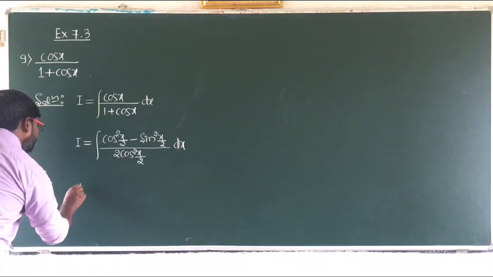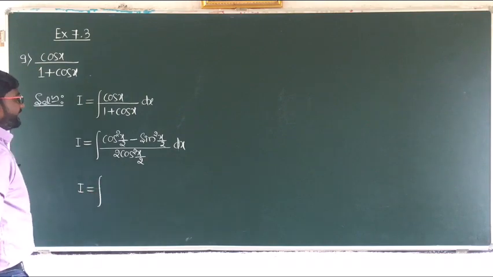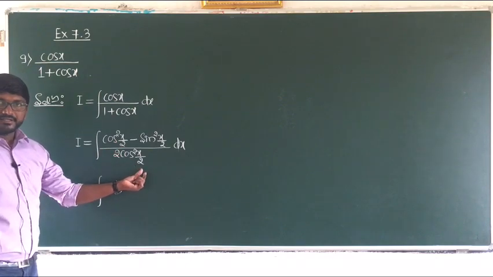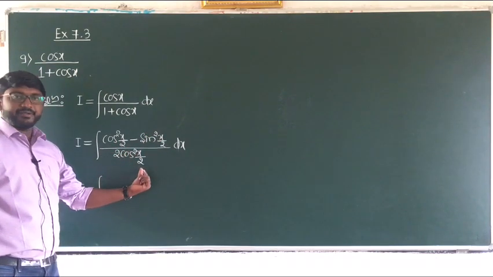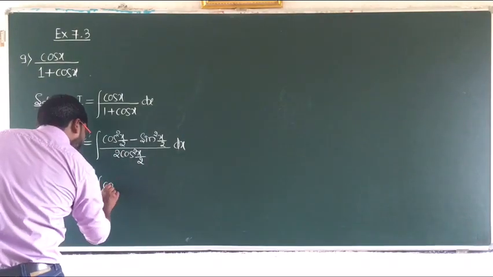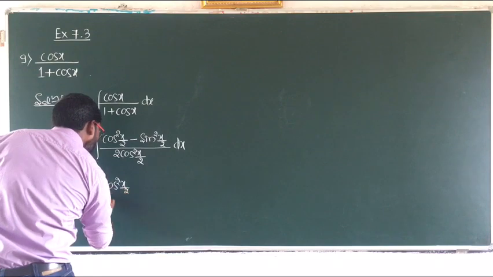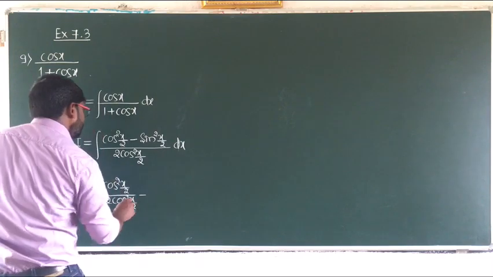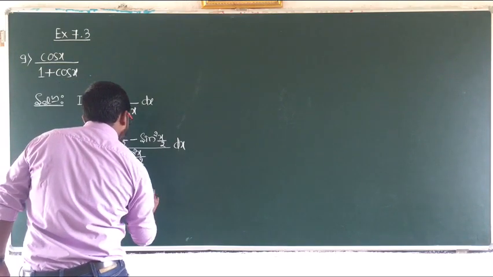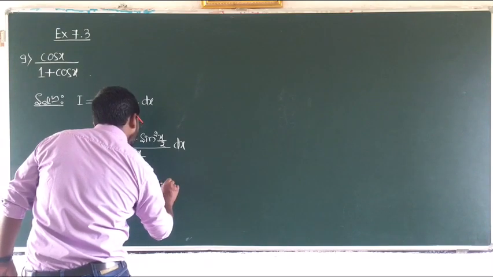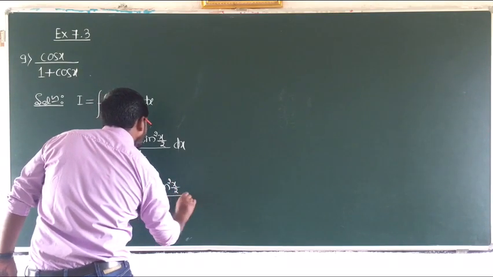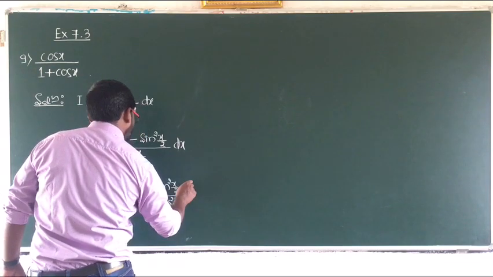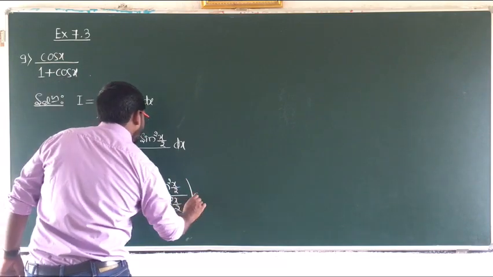So now I is equals to, we can split this into two terms, cos square x by 2 divided by 2 cos square x by 2, minus sin square x by 2 divided by 2 cos square x by 2, dx.